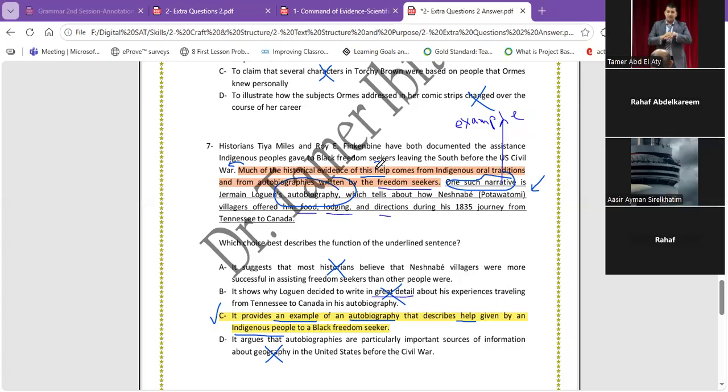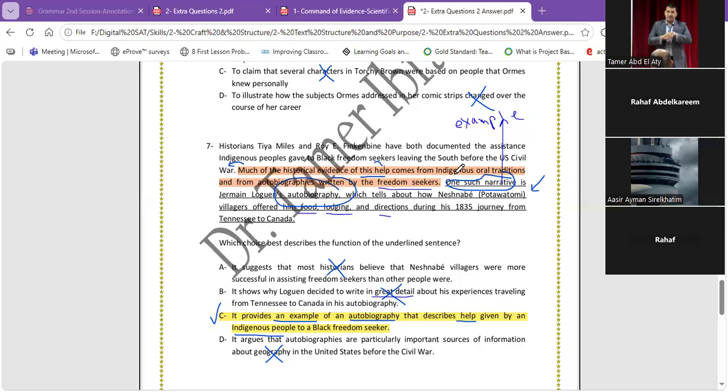Much of the historical evidence of this help comes from indigenous oral tradition. How do we know? Because it was passed through oral tradition, word of mouth, and from autobiographies written by the freedom seekers. One such narrative is an example of how we came to know how indigenous people helped black people in America to be free.